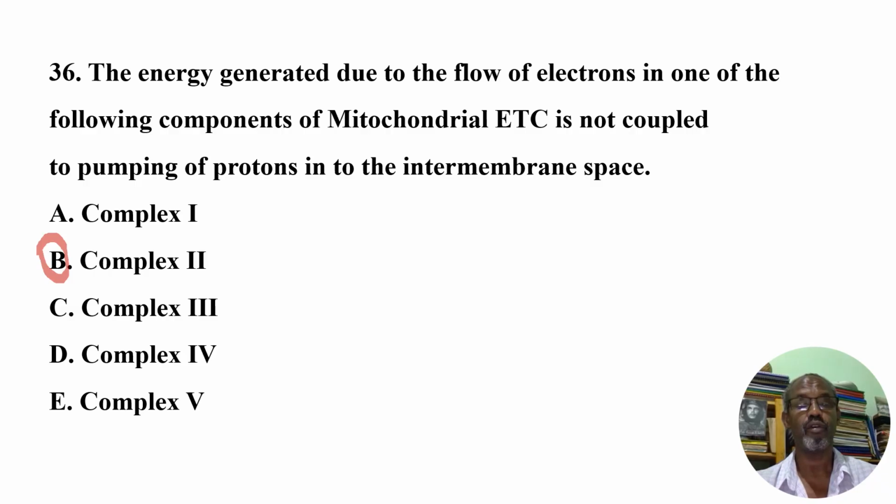Complex 2 is also an enzyme of the citric acid cycle, the only enzyme which is found embedded in the membrane. The others are found in the matrix. We shall come back; I have asked you one question related to this. Of course, the answer is complex 2.